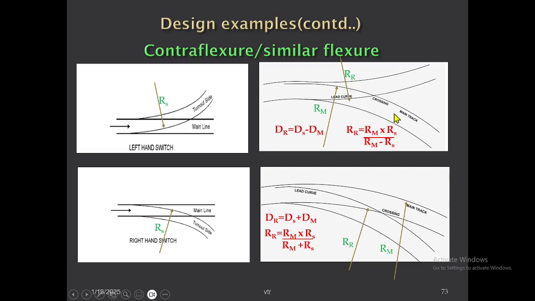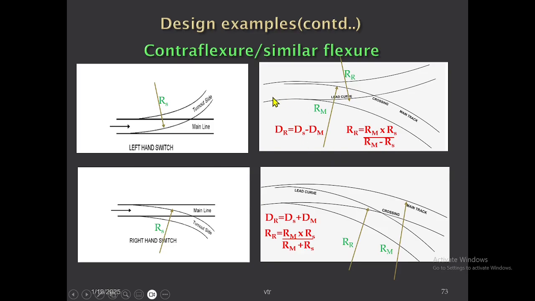When it is bending, the amount of curvature given to the main will affect the radius or degree of the turnout. It will become flatter. For example, the resultant degree will be equal to the degree of the straight turnout minus Dm.